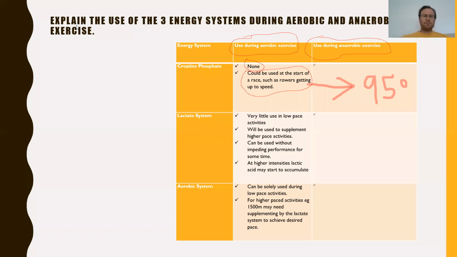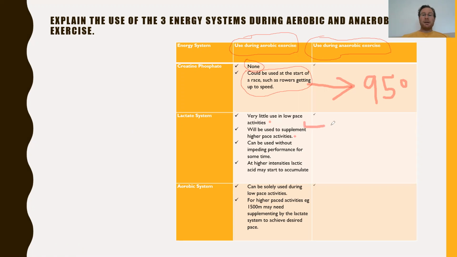So the lactate system has very little use in low pace activities, but it can be used to supplement higher pace activities. Something like a 1500 meter race is very aerobic, but actually you're not going to do it all aerobically. You need to work at the right pace, so you're going to need to supplement your running with the lactic acid system.